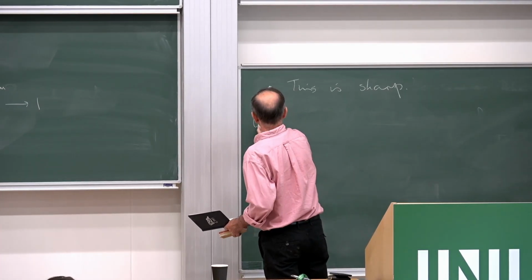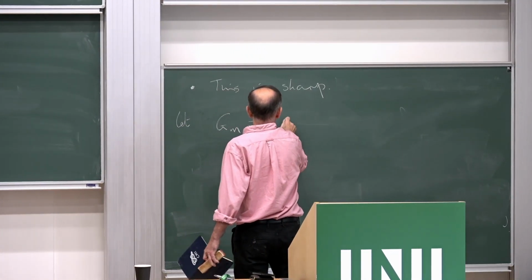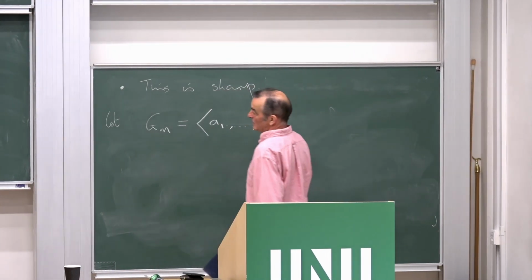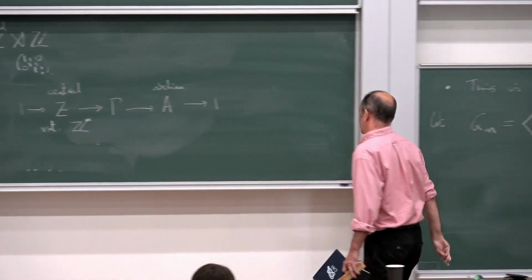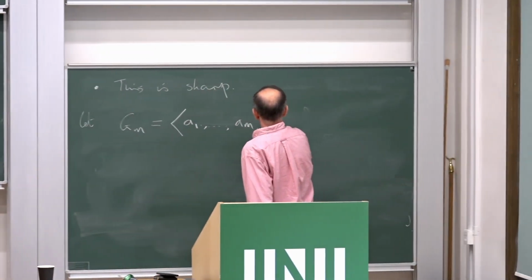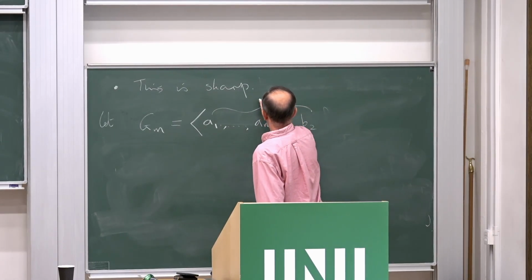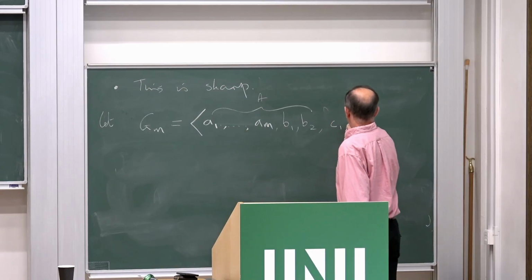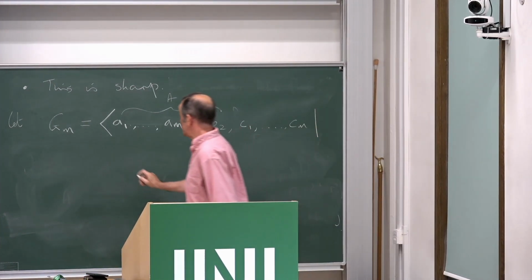So let G sub m be, okay, it's got three sorts of generators. There's going to be m of those, it's going to be the same m. So down here, this is going to have rank m plus 2. Right? So that stuff is all going to lie in what was called A in that short exact sequence. And then you have the central generators, C1 up to Cm. Okay, so the Ci are central.